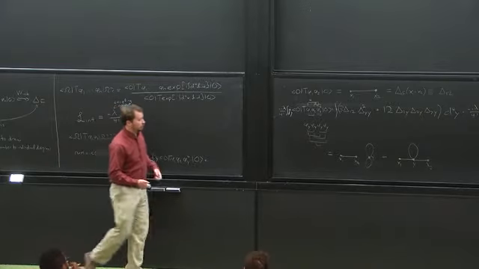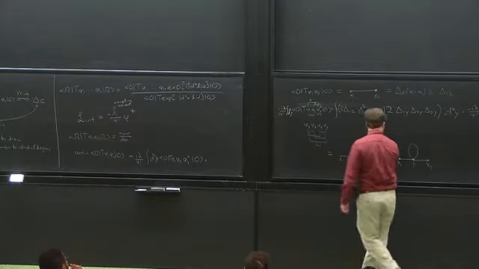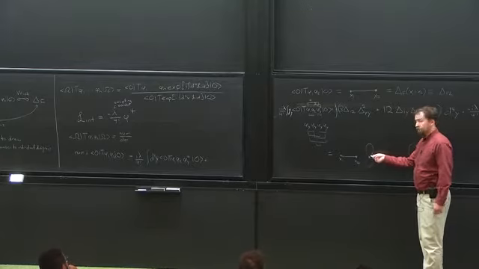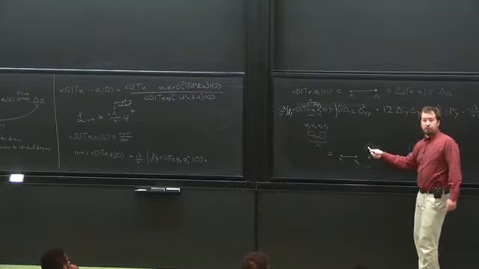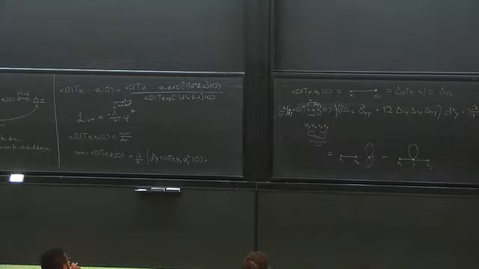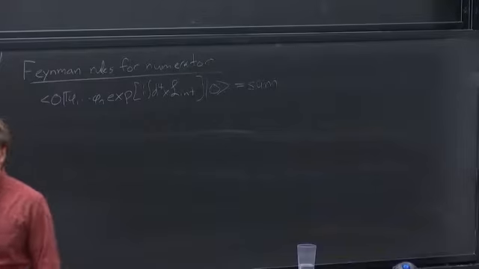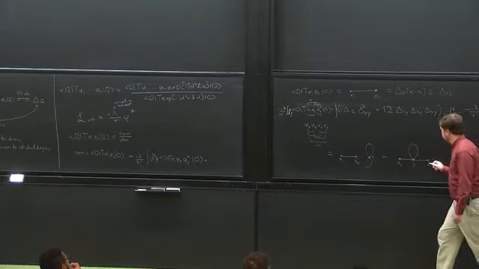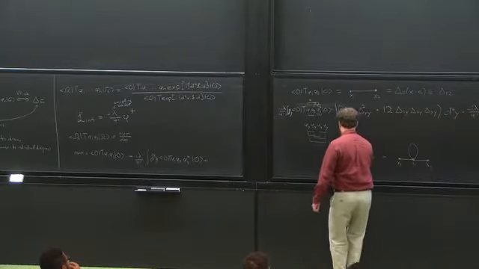It's not an external point. This y always shows up in the interior. There's never a single line that extends from y. It's always 4 lines, 4 fields there. And if I went to higher order, I could get diagrams with more internal points. These are external points.